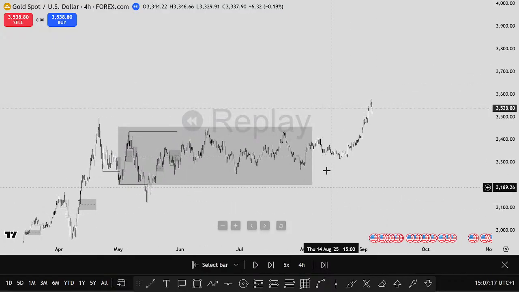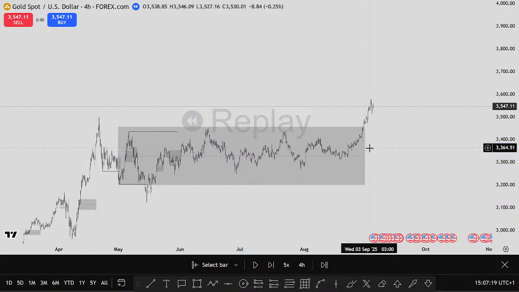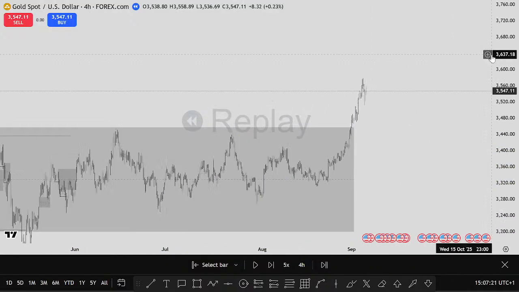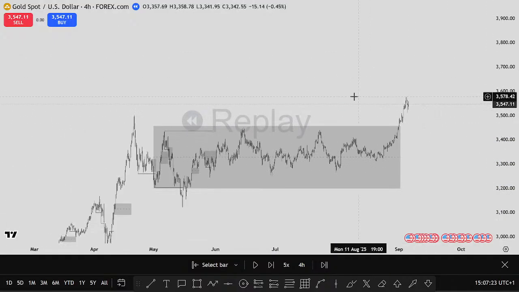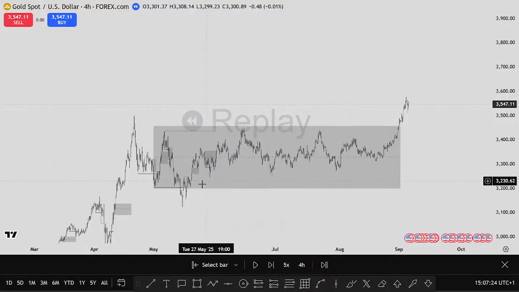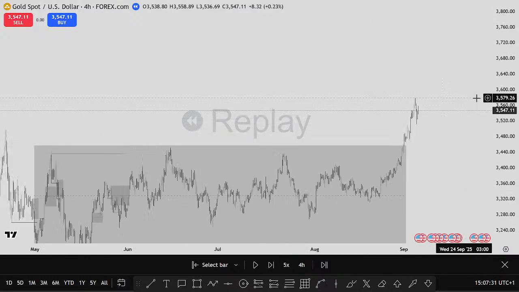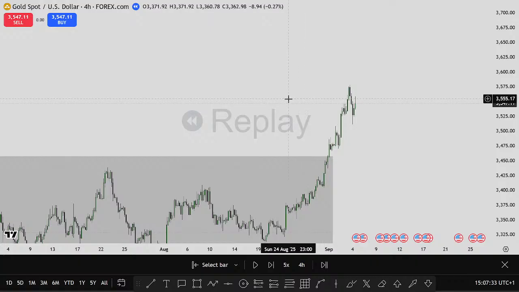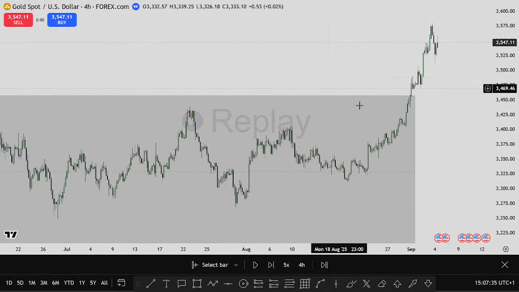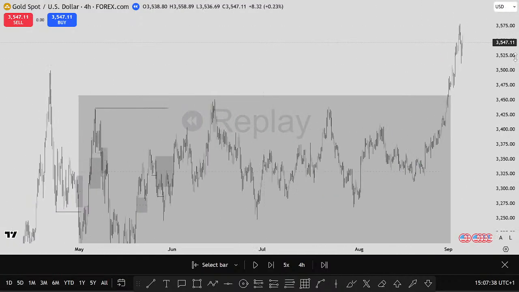So there's a breakout now here. Now that there's a breakout, this is the longest range. This range is long, May to September. People that will be eating here are people that are trading support and resistance.